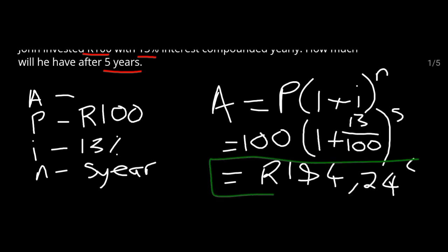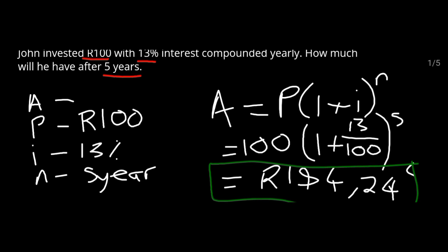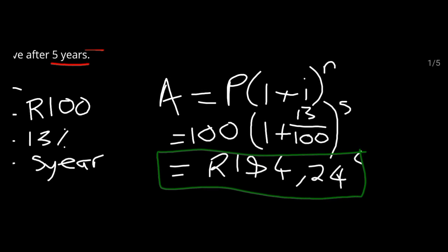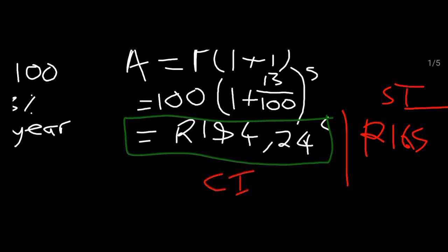That is your answer. John invested 100 Rand in the bank at 13% compound interest. After 5 years, he has 184.24 in the bank. Compared to simple interest, if you use simple interest, where 100 into 1 plus 13 over 100 multiplied by 5, you will see we get 165 Rand. So 165 is for simple interest and 184.24 is for compound interest. Which one is bigger?